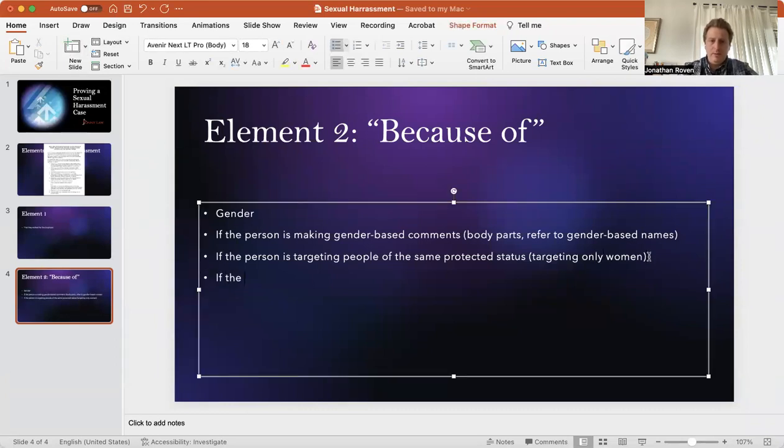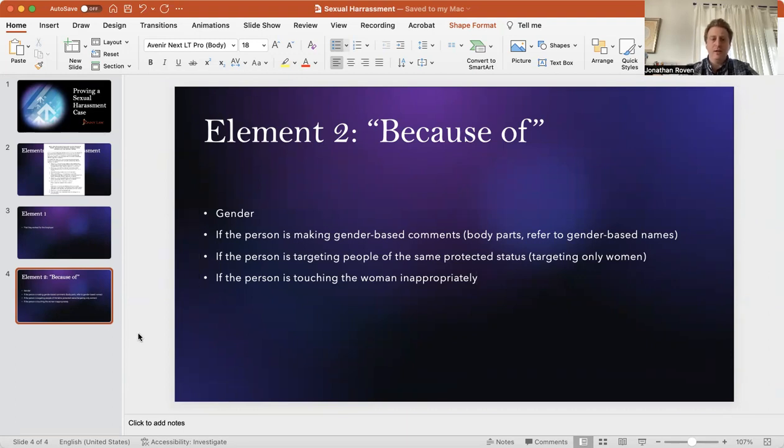Or if the person is touching the woman inappropriately. This is things like, if they're touching private parts, or if they are forcing hugs or daily showing of some kind of affection, then that could show that it was because of their gender as well.